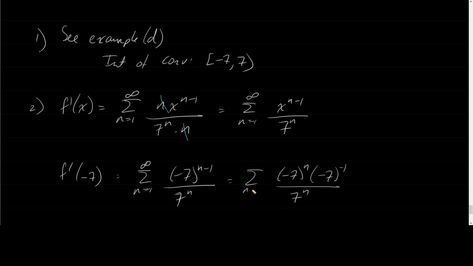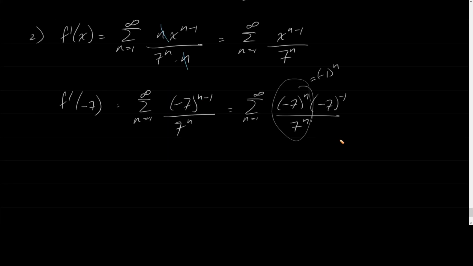At that point, these two reduce to just -1 to the n. So I will write this as the series from n equals 1 to infinity of -1 to the n over -7, because -7 to the -1 would just be -7 there.